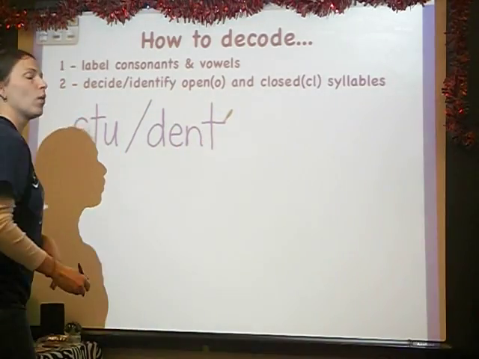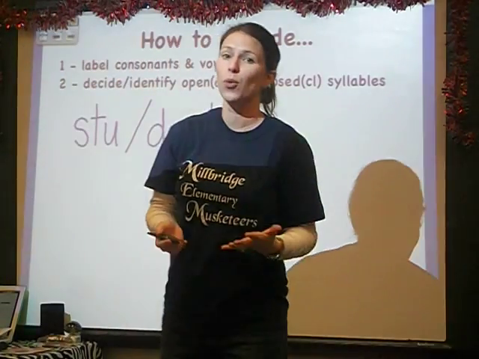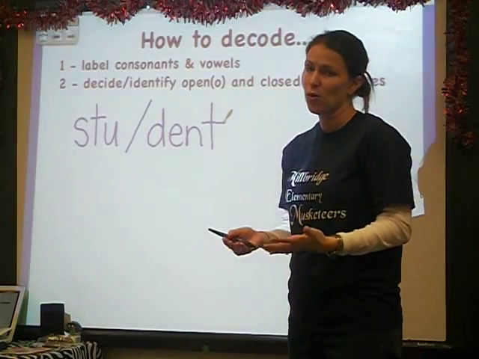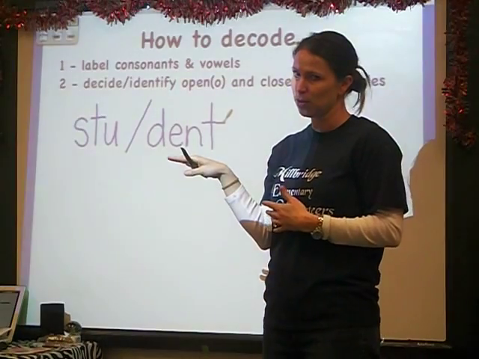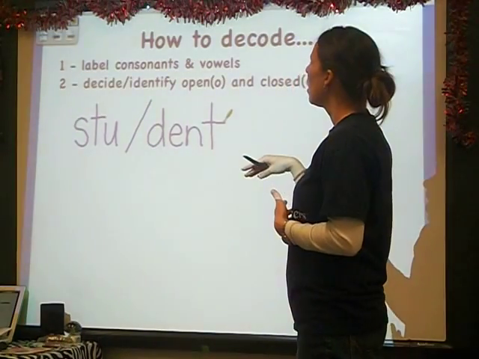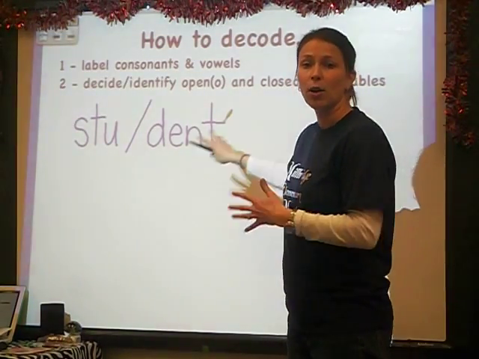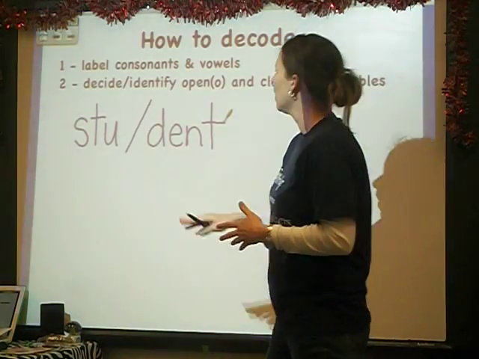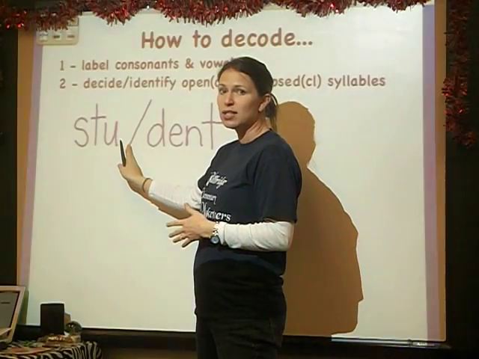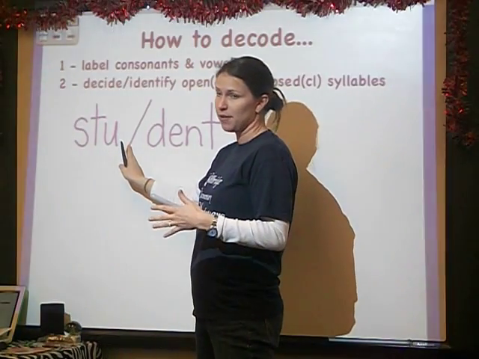D-E-N-T. When we tell your child the word, we will give it to them in this order. Actually, your child will be getting words just like this on a paper to begin with the first couple of days. Or this is how we'll be presenting, like on the board that I have here. We will be showing them that backslash, which is the syllable identifier.